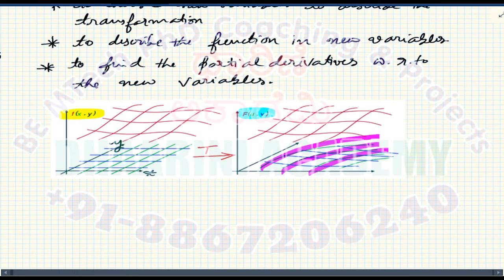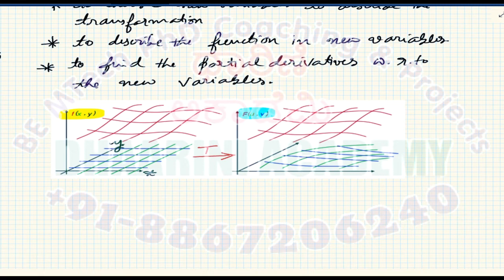So the orientations of u and v are different. For example, u can be the radius, like r. The radius increases from some center as you change the values of u. At the same time, v can be the change in terms of the angles, so phi varies, like 10 degrees, 20 degrees, 30 degrees, or any, it can be even in radians. So we understand that the orientations of u and v are completely different when you compare to x and y, which were the original variables.